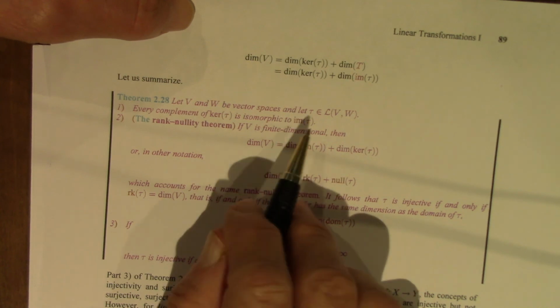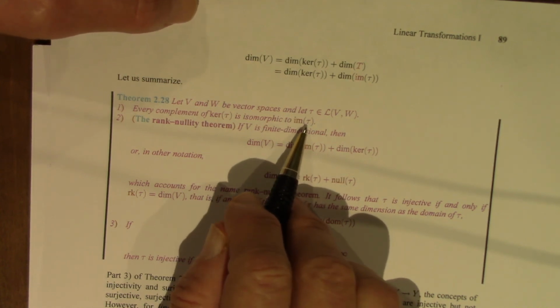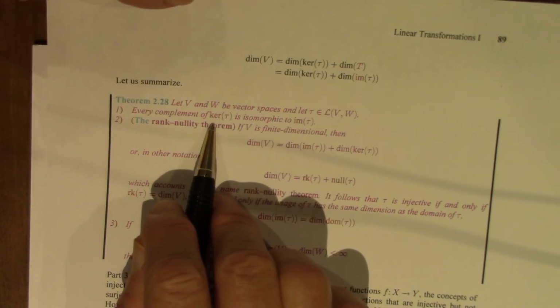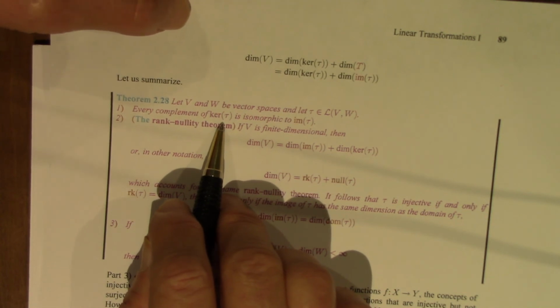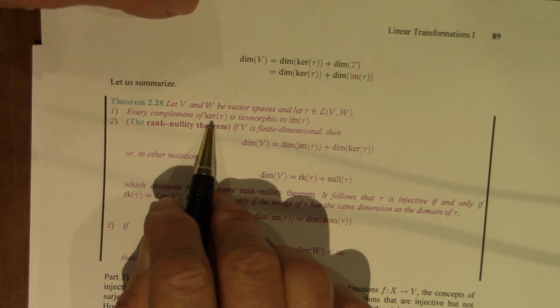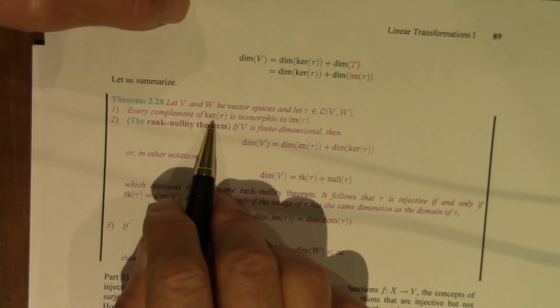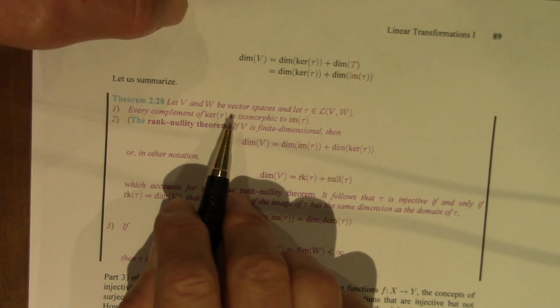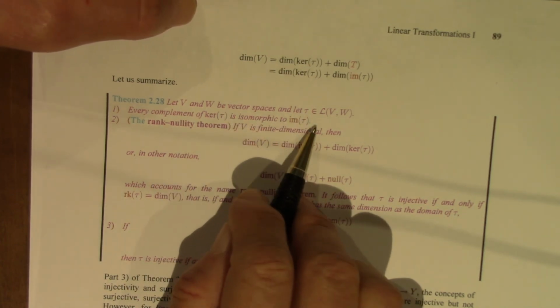Be careful here not to misinterpret. A complement of the kernel of tau is not equal to the image of tau. It's not even in the right vector space. It's not in the codomain, it's in the domain. But it is isomorphic to the image of tau.